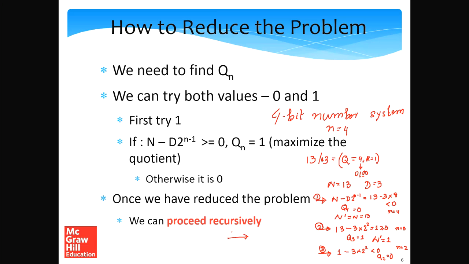So we go to the last iteration, which is the fourth iteration. Here again the new n dash is equal to 1 because no change was made last time. So what we need to compute is 1 minus 3 times 2 to the power 1 minus 1, which is 2 to the power 0, which is 1. This is again less than 0. So we can say that Q1 is equal to 0.